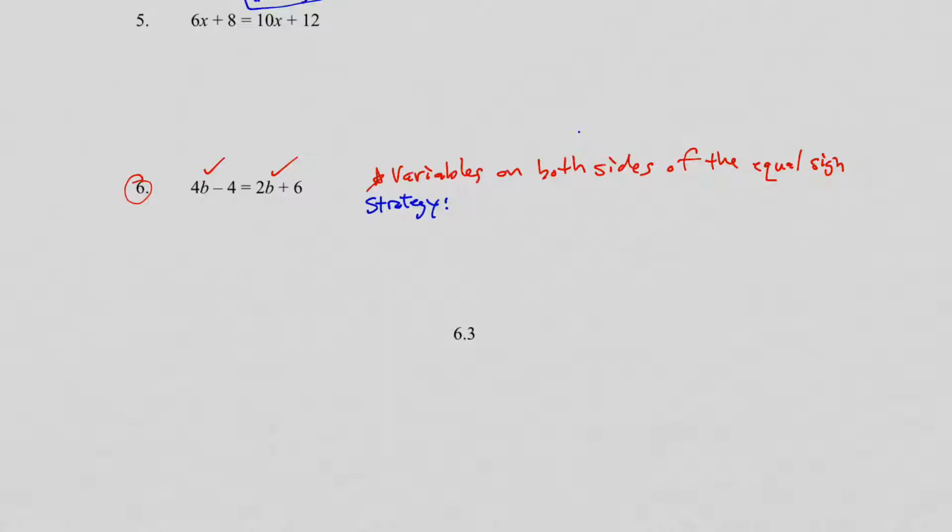So it's already simplified on the left and the right, but we need to collect variables to one side. It's better to choose the smaller of the 2 variables as far as their coefficients are concerned, and that just keeps our variable term positive. You don't have to do it like this, but I like to use the smaller of the 2.